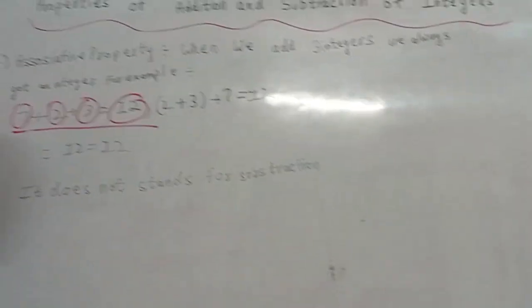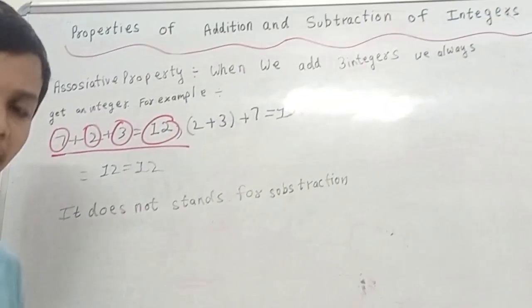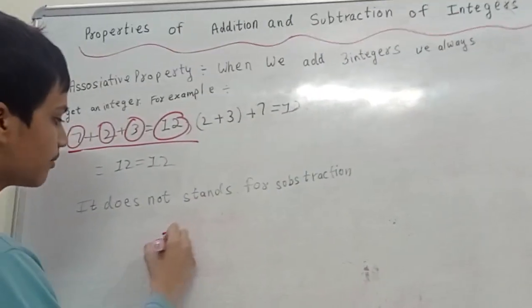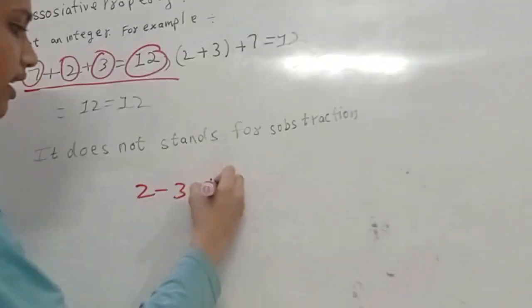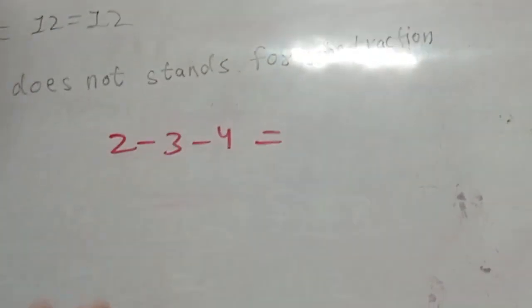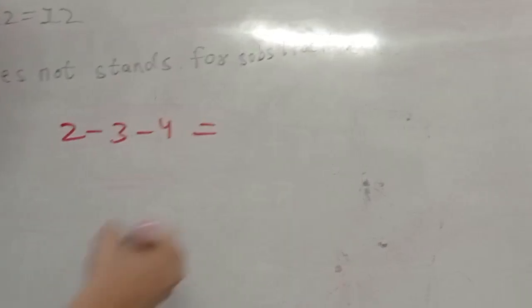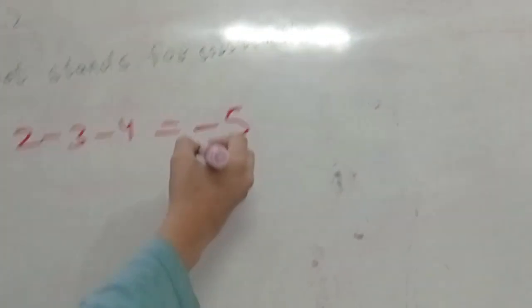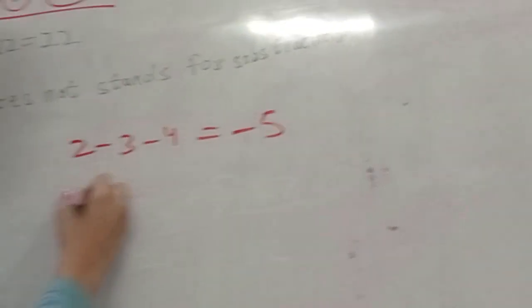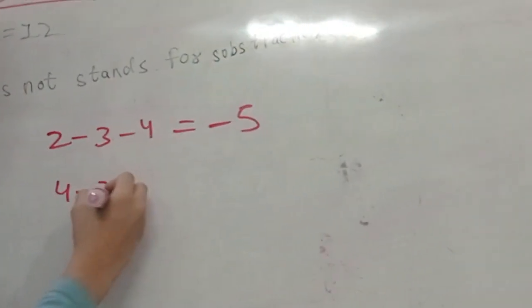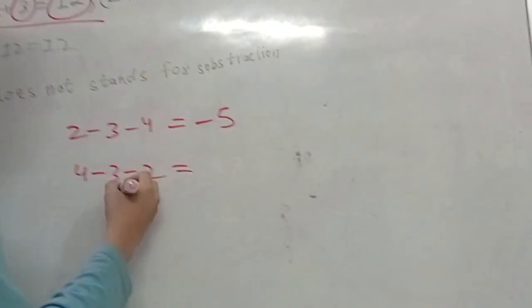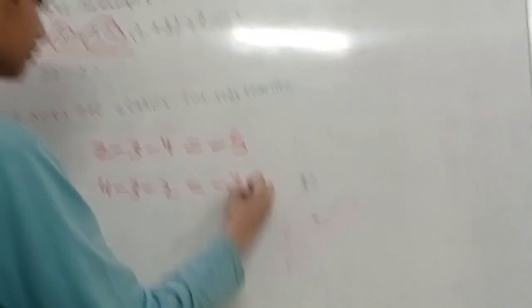How can I prove that? I can prove that by a simple equation. For example, 2 minus 3 minus 4. In this equation we get minus 5, and in this equation 4 minus 3 minus 2 we get minus 1.